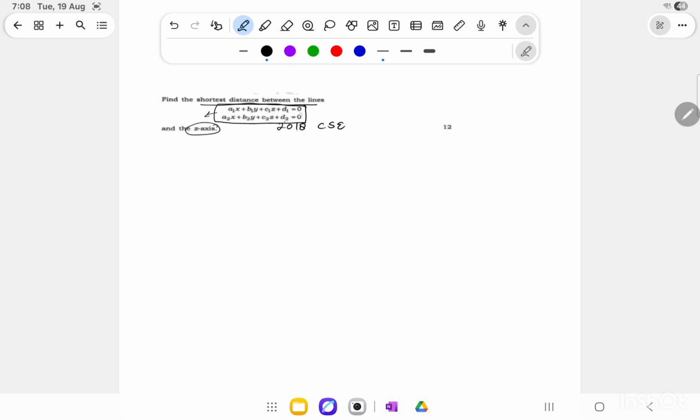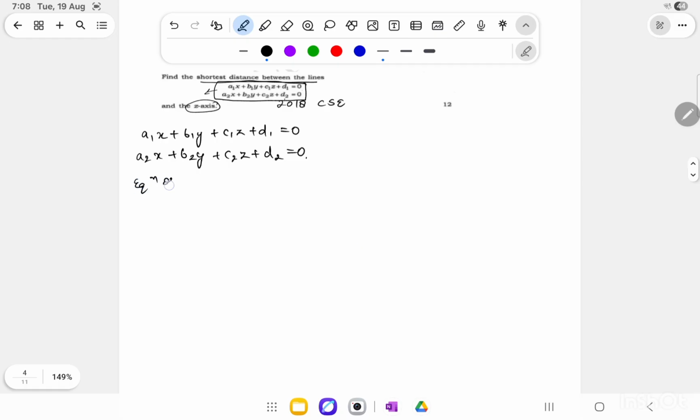They have given us two equations of planes, and the line of intersection of these planes will be the line, and we're supposed to find the shortest distance between that line and the z-axis.